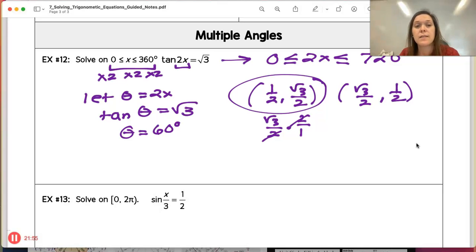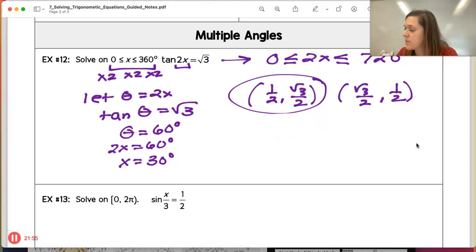But we're not done because what did we say theta really was equal to? Well, theta is really equal to 2x. So 2x is equal to 60 degrees, which means my x has to equal 30 degrees. Okay. So we've got that. But where else is my tangent equal to the square root of 3? Well, it's also equal to the square root of 3 when both of these are negative, isn't it?